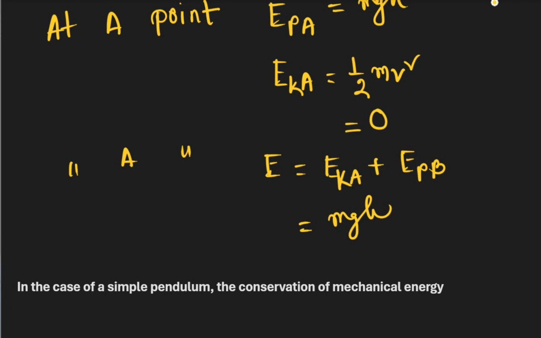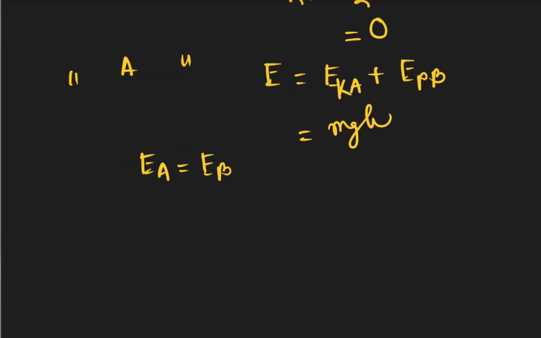So at every point, at A point, B point, and C point, the total energy is mgh.